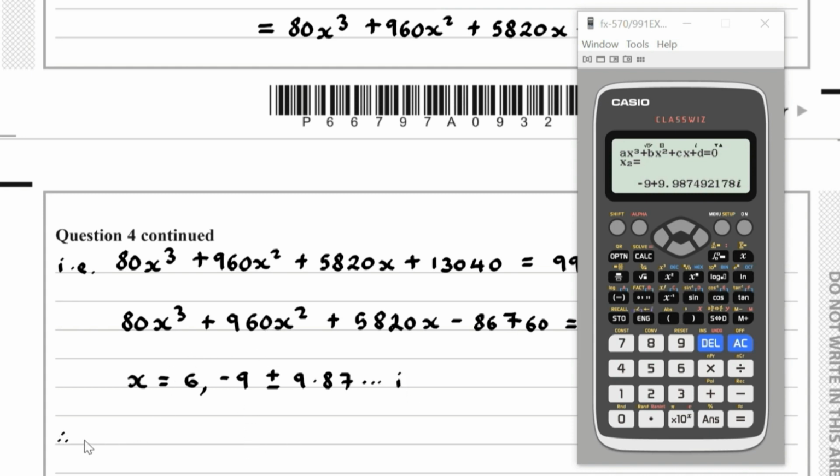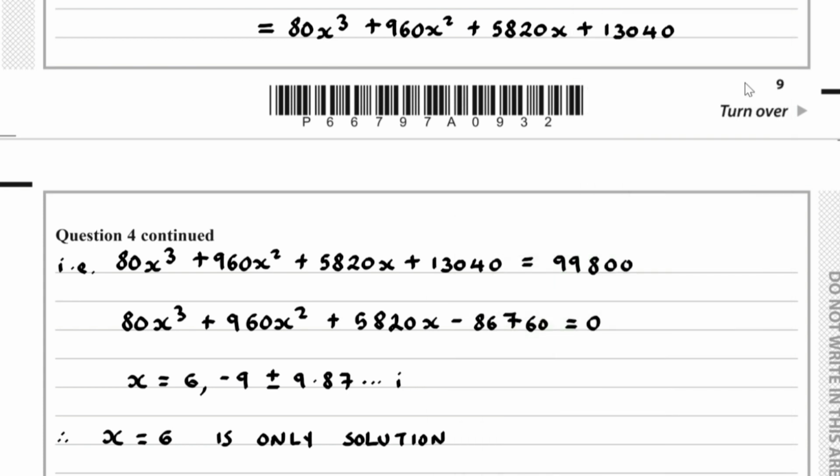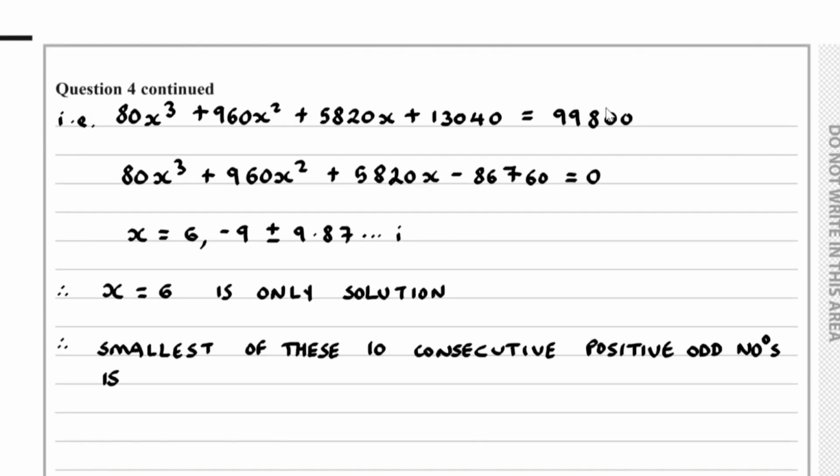So therefore x equals 6 is the only solution. So because it's the only solution, what can we conclude from this?